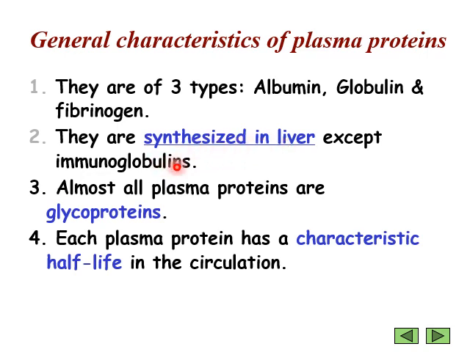They are synthesized by the B lymphocytes. All the plasma proteins are not pure proteins, they are glycoproteins. And they have a characteristic half-life in the circulation, after which they are degraded and formed again.